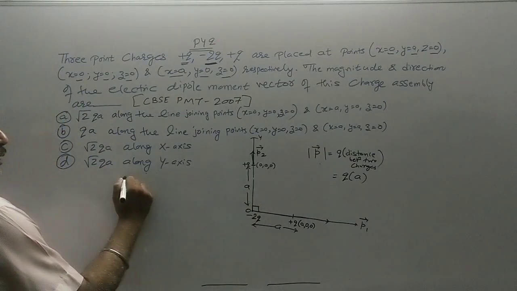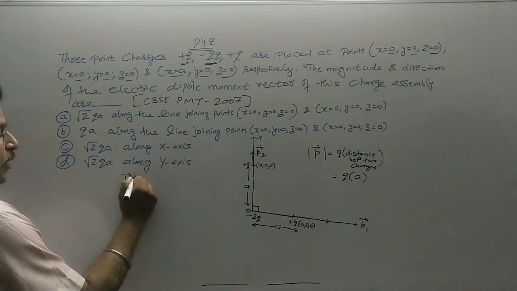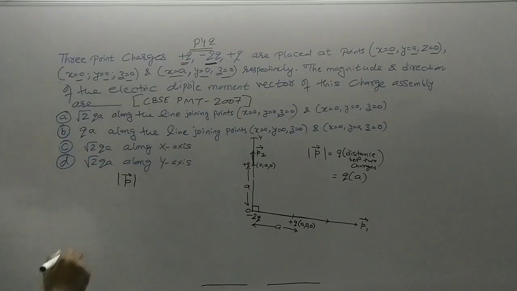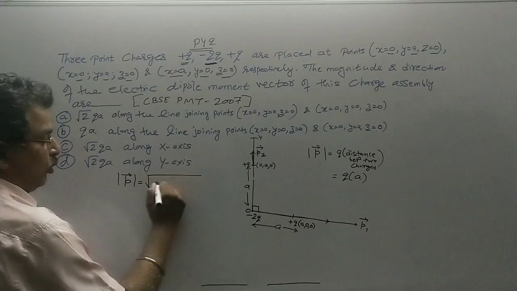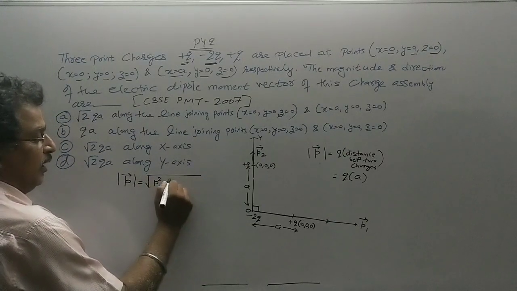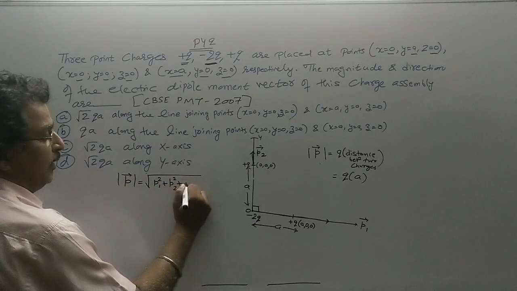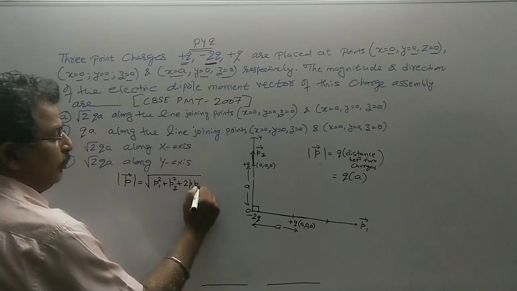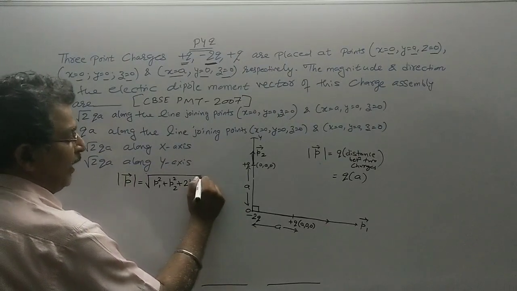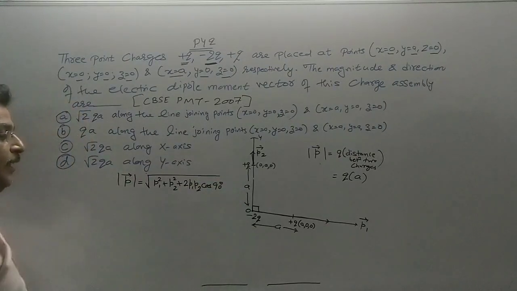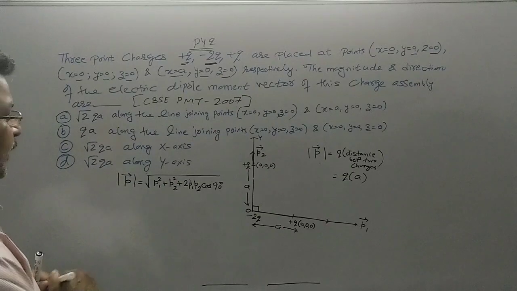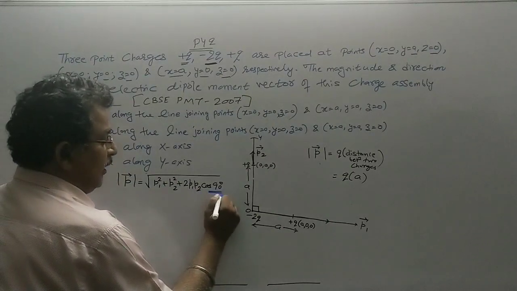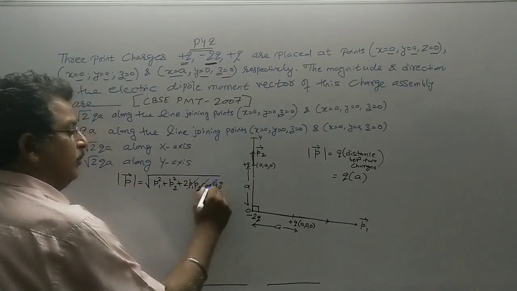Now let us assume the magnitude of this assembly is the square root of P1 squared plus P2 squared plus 2 P1 P2 cos of the angle between them, that is 90 degrees. So this is the magnitude of the resultant dipole moment which you have to find out. Now cos 90 is 0, so this term is 0.